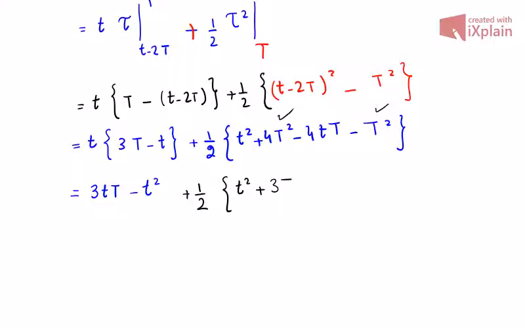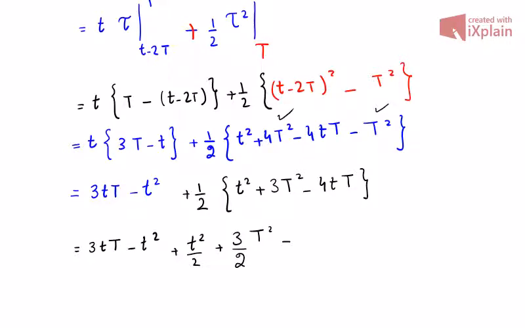So this will be 3 times t square minus 4 times t capital T. Now we have 3 times t tau minus t square plus t square over 2 plus 3 over 2 t square minus 2 times t capital T.